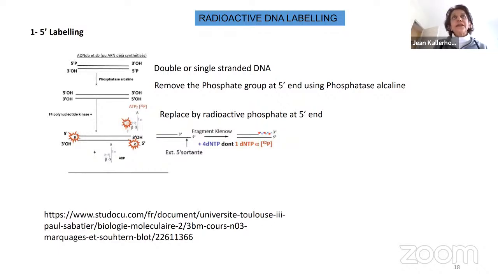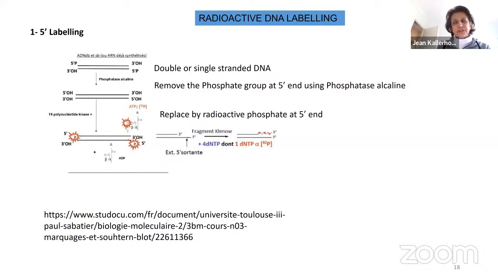It's like when you make an X-ray, right? The doctors use films, right? And in the same way, each time you have a radioactive molecule, it will print on a photographic film.